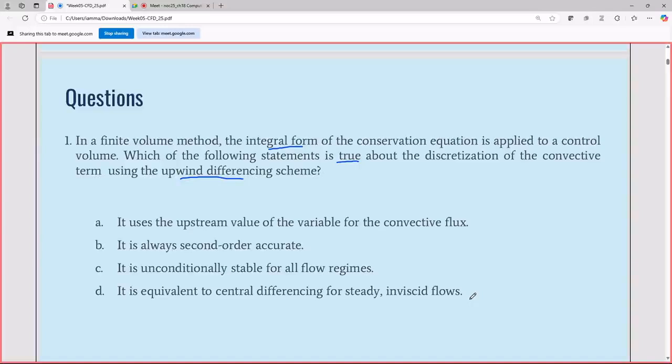From the given options, you can think which one will be the most suitable relating to the upwind differencing scheme used for the discretization of the convective term. You can box your answers.